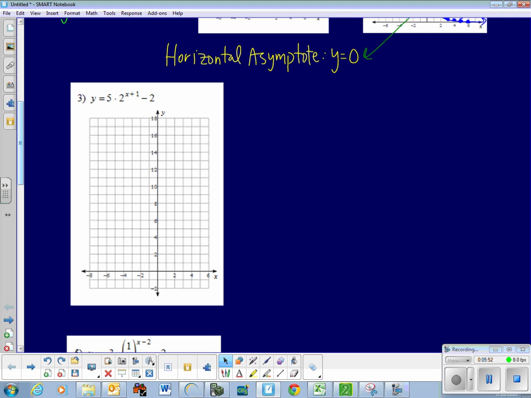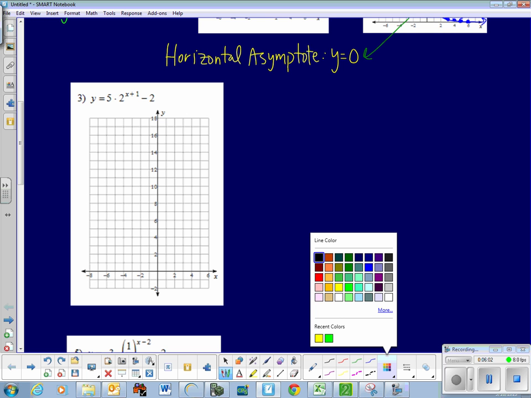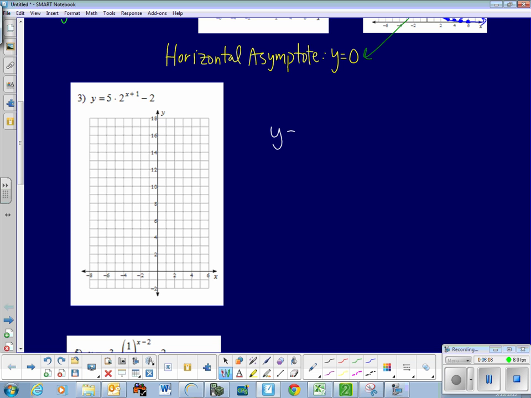All right, so let's see how this one has been changed. The transformations or translations that we have done in the past, they are still going to apply. So think about your base function. It looks like 2 to the x was the base function. And then look and see what has happened to it.